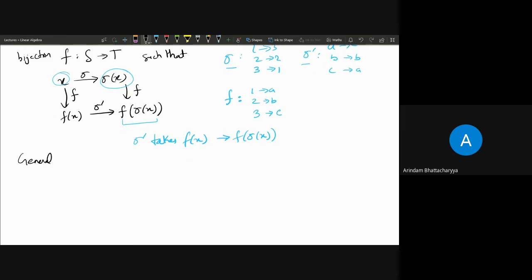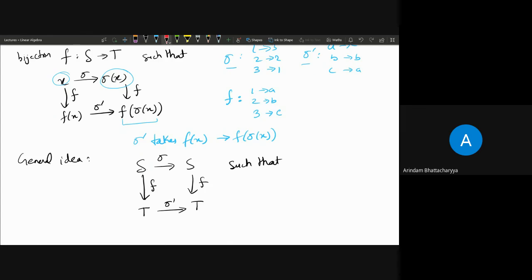So here's the general idea. I have S to S, a map called sigma, and F is a bijection such that, so here's the idea, right?